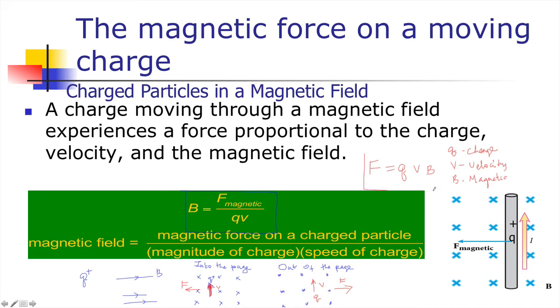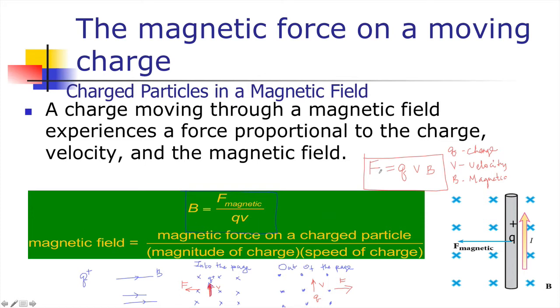So if you have QVB, then that is the amount of force experienced by a moving charge, if the charge is moving in a certain direction. But if the charge is moving in the direction of the magnetic field, then it's not going to experience any kind of force.